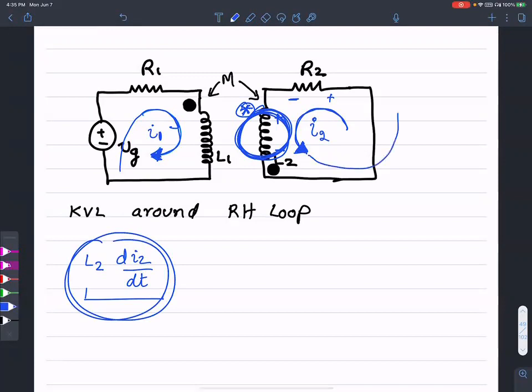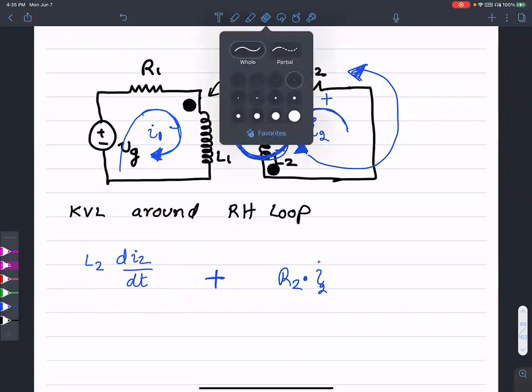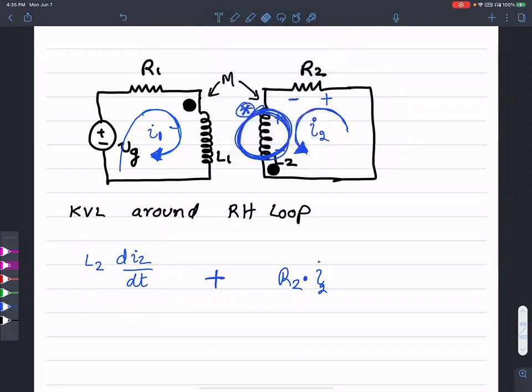Follow the direction of the current, then you will see the resistance R2 times the current I2 of t is the voltage dropped in that resistance. Because the positive and negative are aligned with the direction of the current, you write a positive here. So that's two components, two voltage drops.